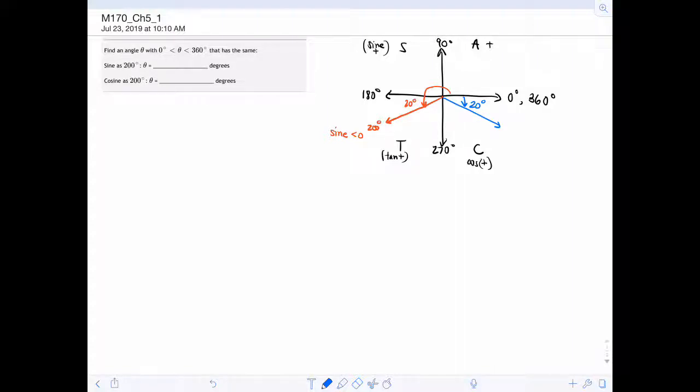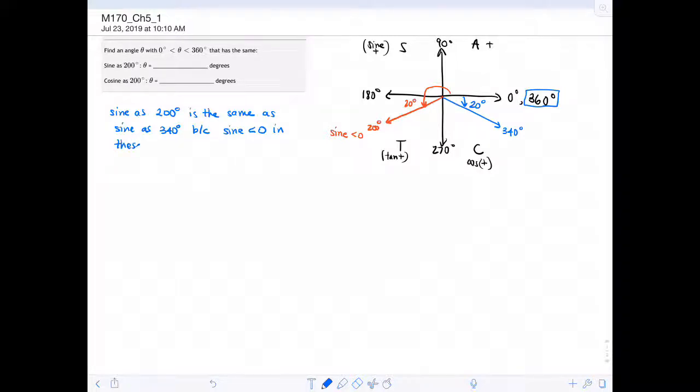This would be, here's 360, and if you subtract 20 degrees, that would give you 340 degrees. And again, sine of 200 degrees is the same as sine of 340 degrees, because sine is negative in these quadrants.